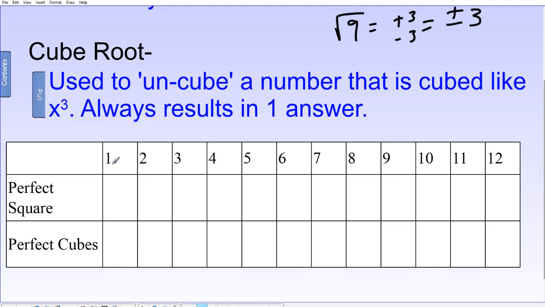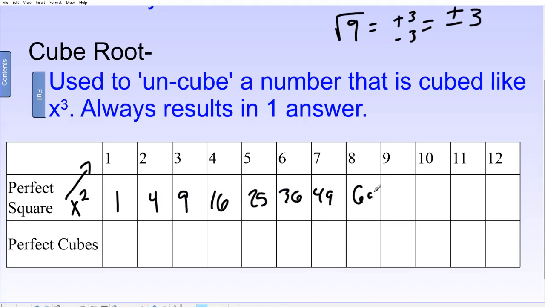So you take that number and square it, take it times by itself. So 1 times 1 is 1. 2 times 2 is 4. 3 times 3 is 9. 16, 25, 36, 49, 64, 81, 100, 121, and 144.